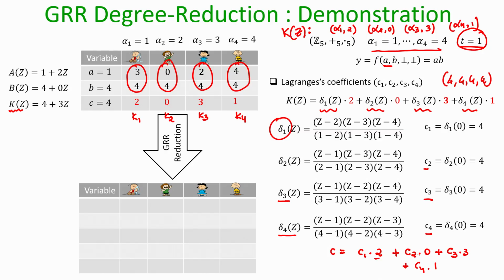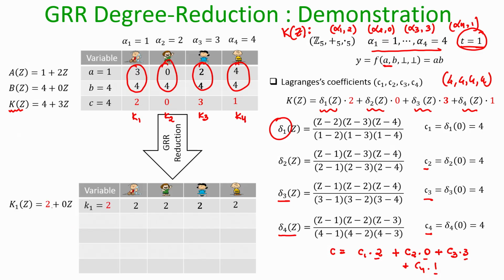But the values 2, 0, 3 and 1 are right now the private inputs of the first party, second party, third party and fourth party respectively. So, we have to compute this linear function in a secret shared fashion. That is what will be done now.